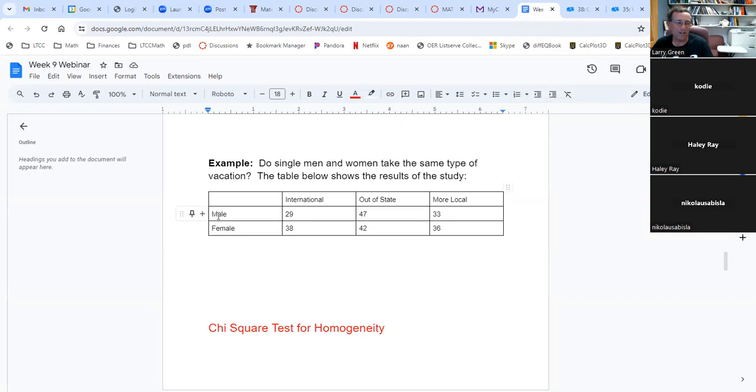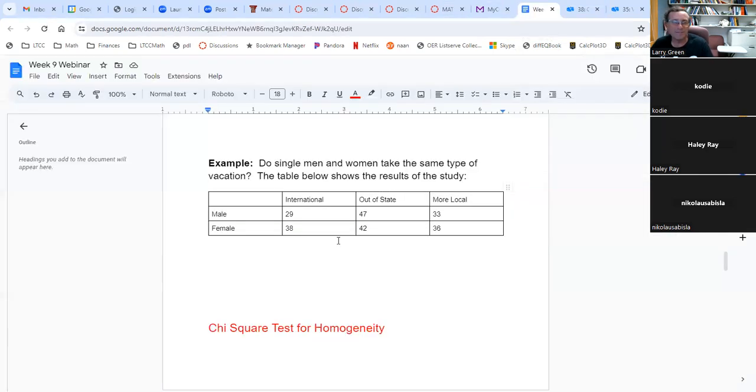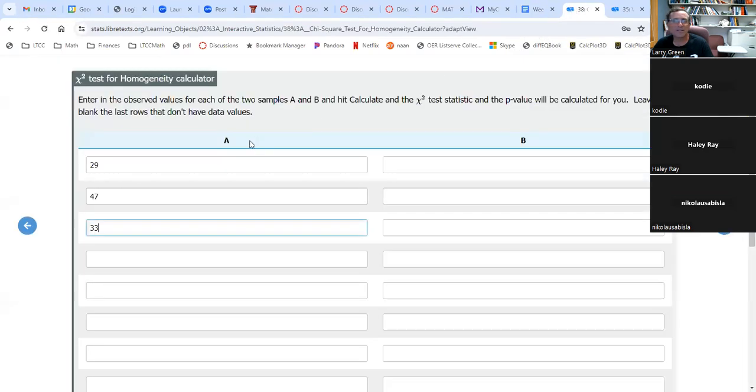So the first column should be 29, 47, and 33. The second column should be 38, 42, 36.